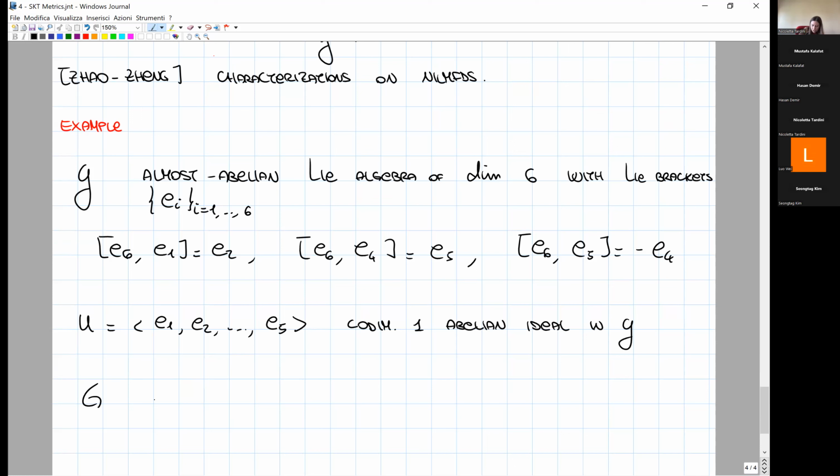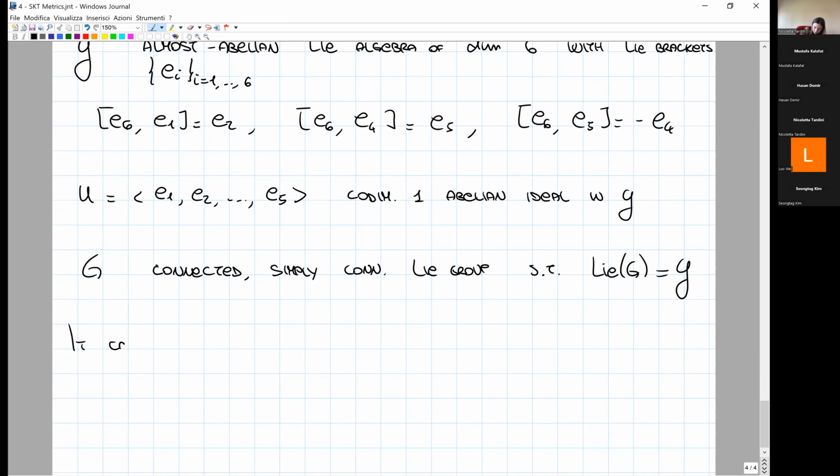Then denote with G the connected, simply connected Lie group such that the Lie algebra of G is exactly the Lie algebra we just introduced. And it can be shown that G admits a lattice. G is solvable, since it's almost abelian.